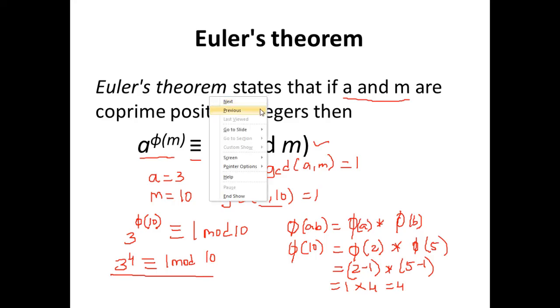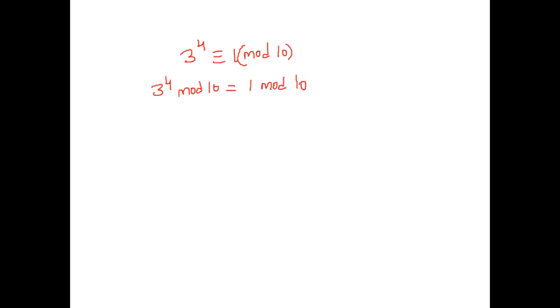Let me go to a white screen and continue. What we have achieved is 3^4 is congruent to 1 mod 10, and we can very well prove this. It means 3^4 mod 10 is equal to 1 mod 10. This is the meaning of congruence, right? So what is 3^4?